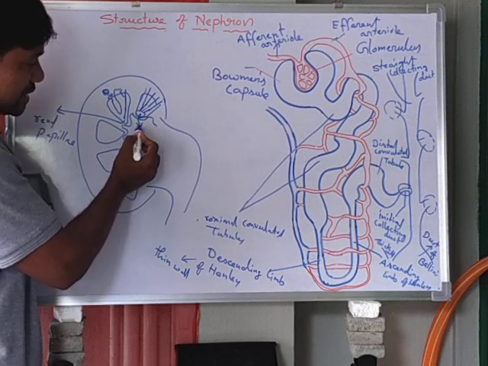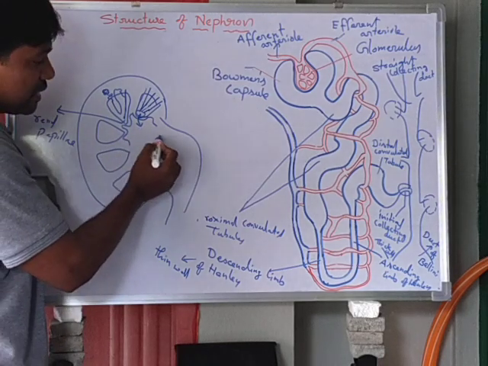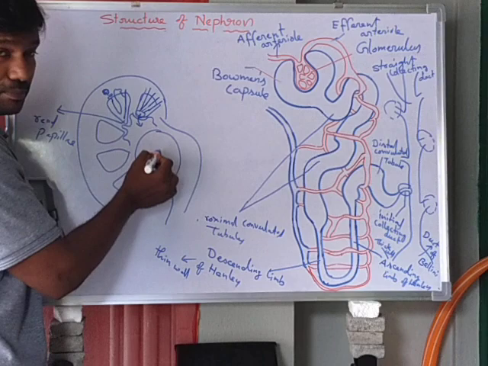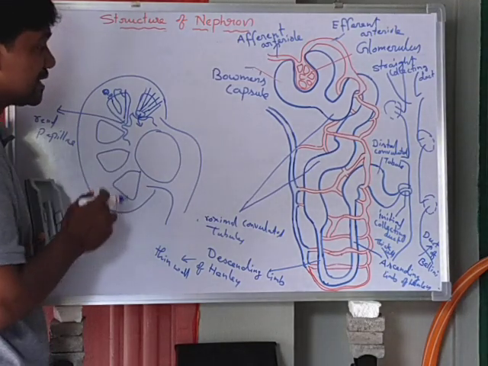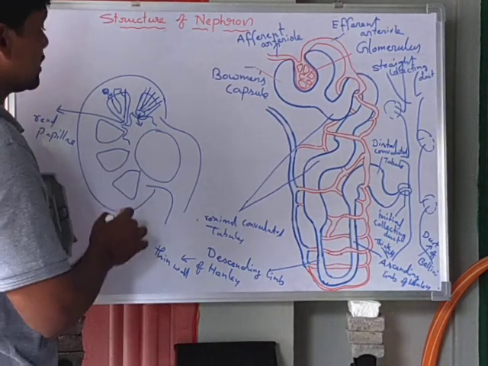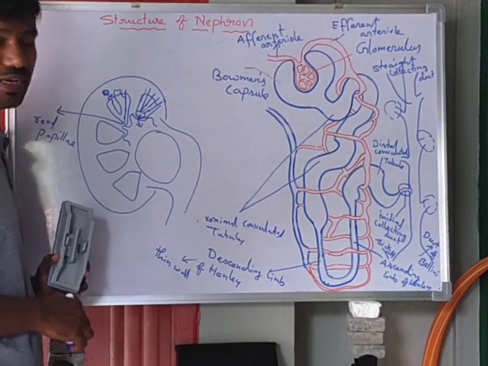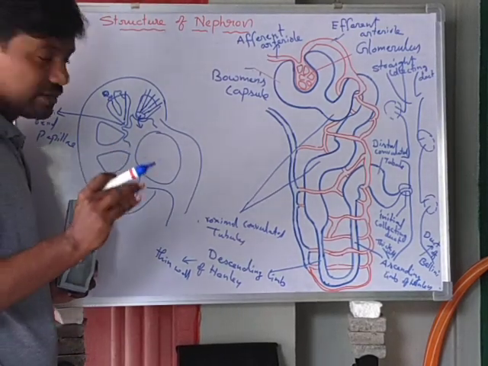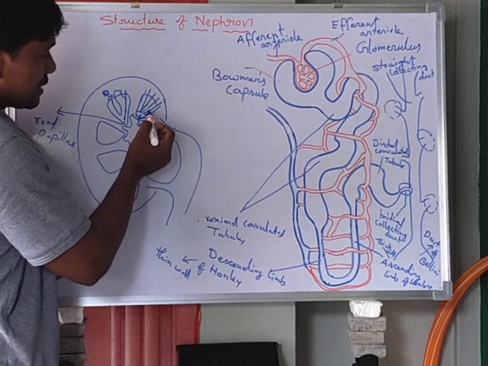The renal calyces further open into the pelvis. This is the renal pelvis. This is the arrangement we see in the kidney. Are you clear? Listen carefully.